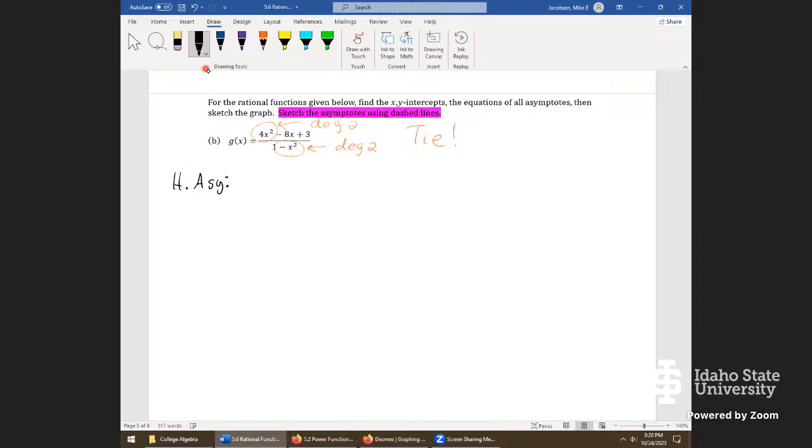To get the horizontal asymptote in this situation, we go like this. y equals, take the coefficient from the leading term in the numerator, that's a coefficient 4. It stays up above. That's nice, right? The leading coefficient from the numerator stays in our numerator. That helps us organize this. The leading coefficient in the denominator is not positive 1. It's associated to x squared. And so it would be that negative 1 that's hiding out there.